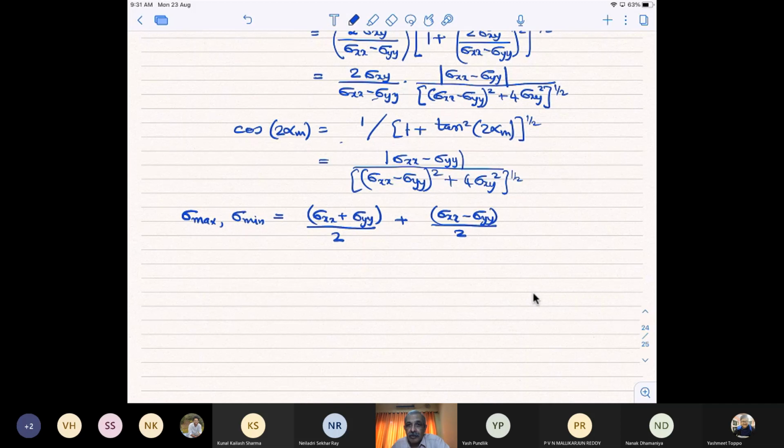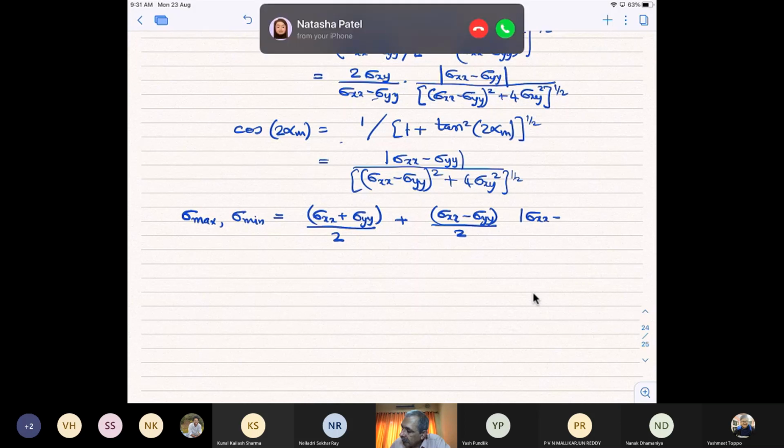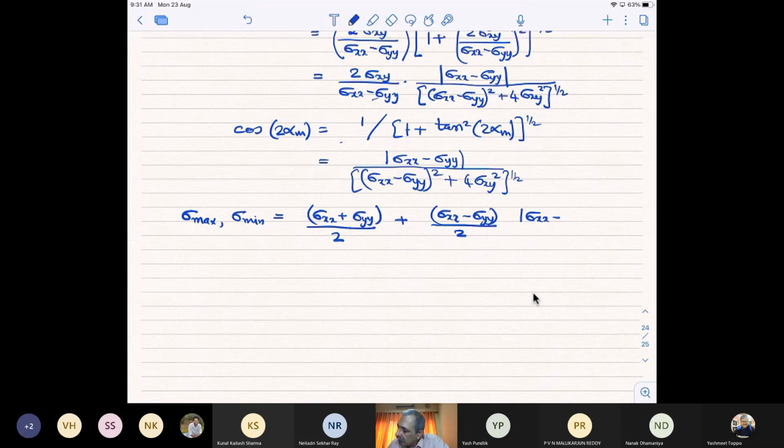So this is there into cos of 2 alpha m, which is just modulus of sigma x minus... So this is the second term where there's cos of 2 alpha m.